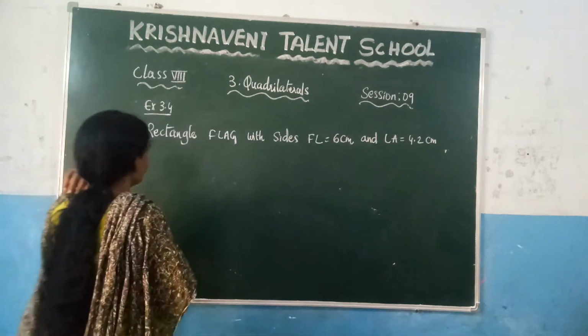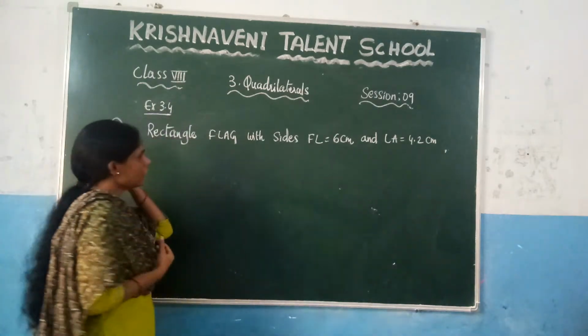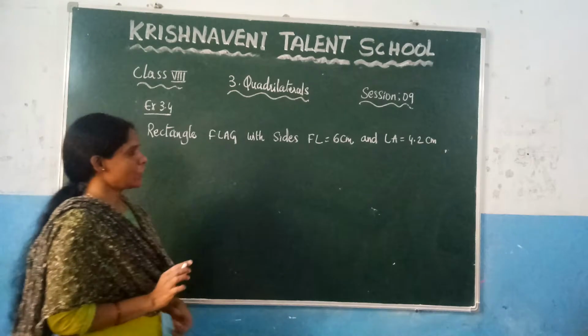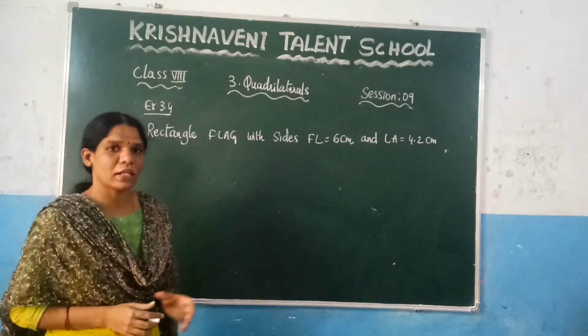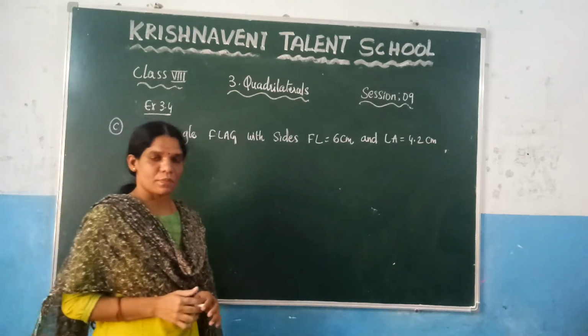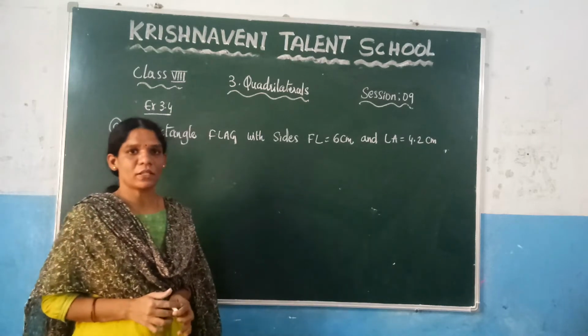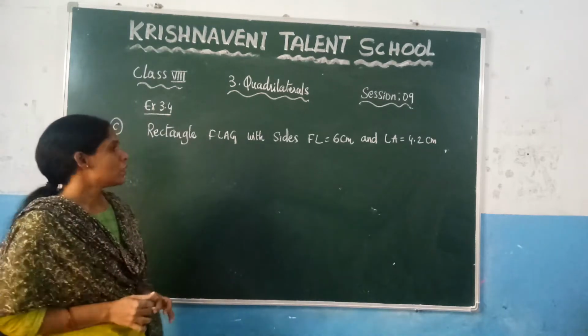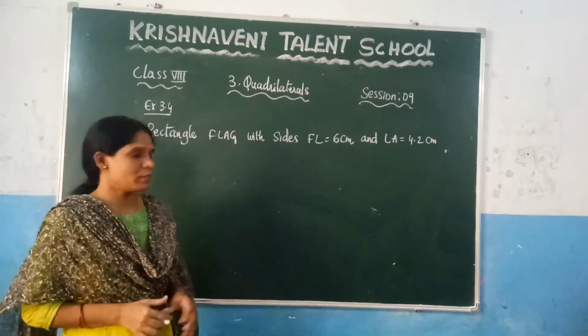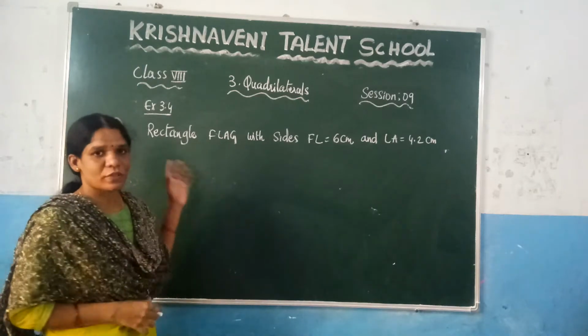So here you need to construct a rectangle and they have given only two measurements. That means they have given the adjacent sides measurements and you need to find what are those angles by considering the properties of the rectangle.